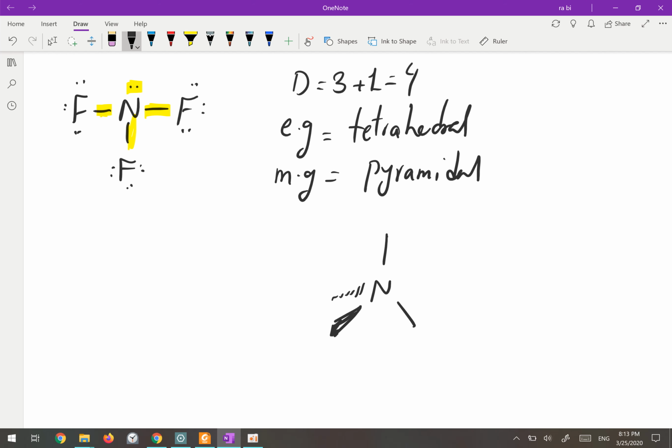One of these domains is a lone pair, so I delete this one, I put a lone pair here. The rest of the domains are fluorine. And what is the bond angle? Bond angle decreases from 109.5 to 107.